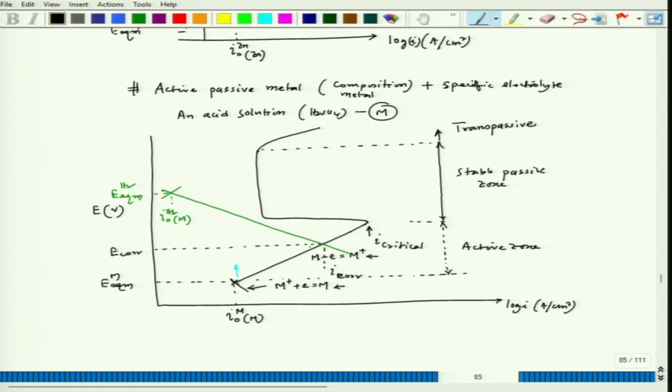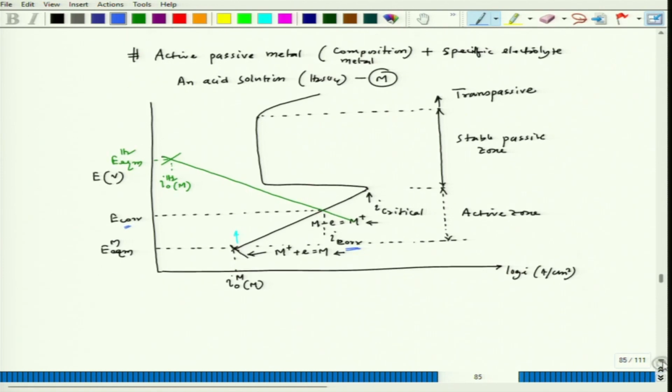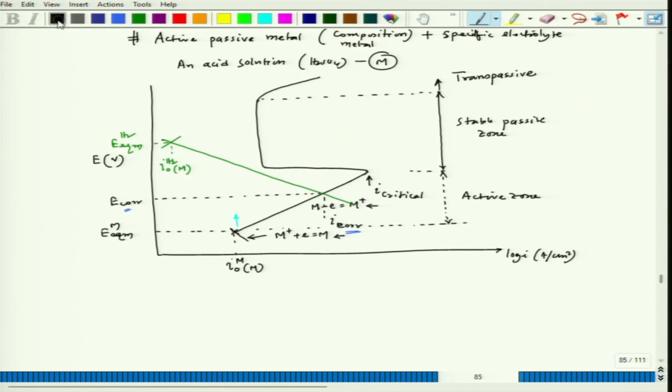Now, if we leave that system in the solution just like that, it will always have I core like this, what is actually indicated here. This I core will be followed and this will be my E core. And interestingly, if we do polarization, we will see that the polarization plot will look like this. So, in fact, how we get it, I will just draw it and then wipe it off.